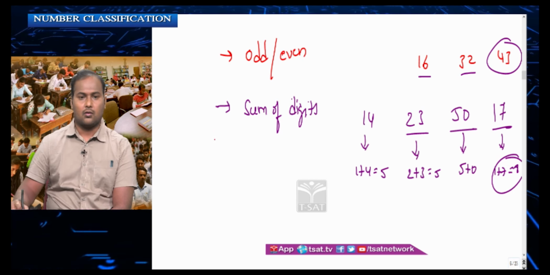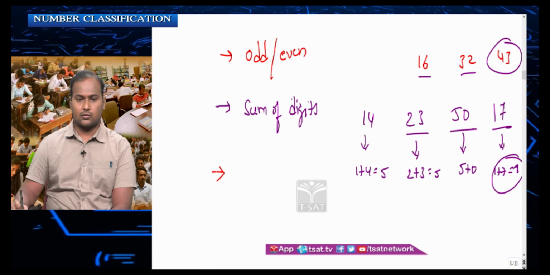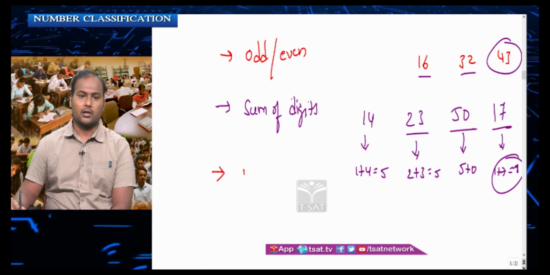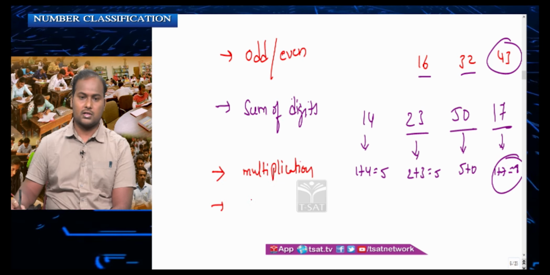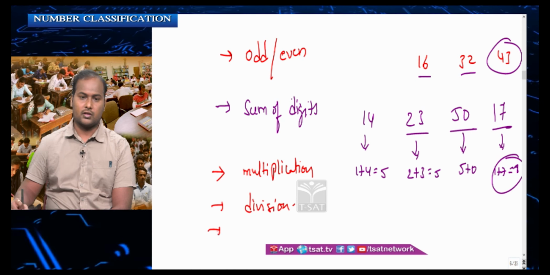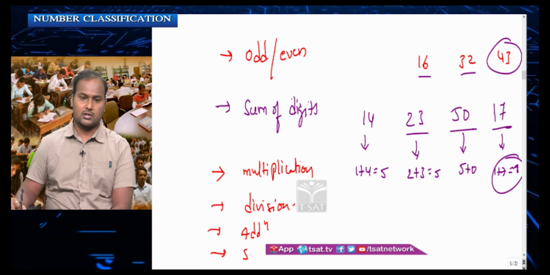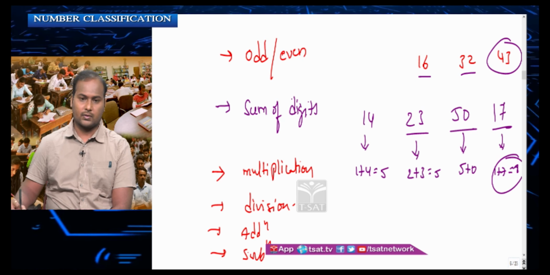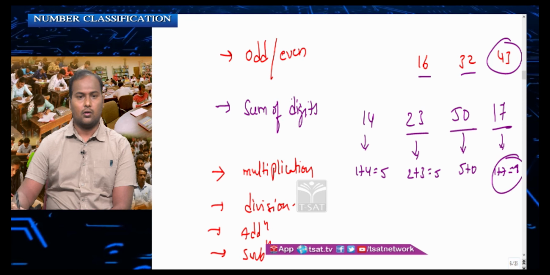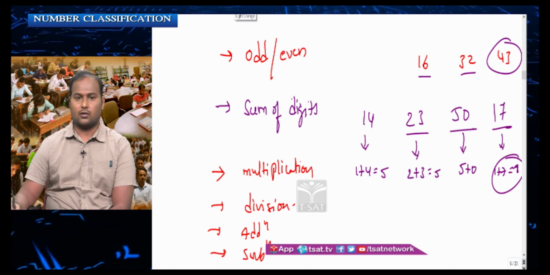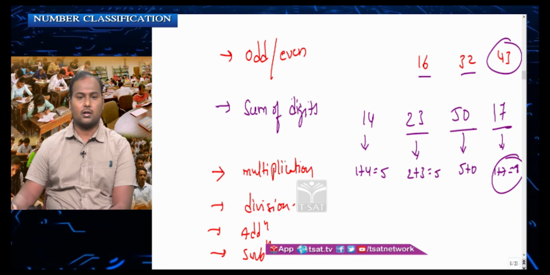Apart from this, what are the different areas he may ask questions from? It may be multiplication. You can see questions from divisions, additions, and subtractions as well. Not only this, to make the question difficult, what will the examiner do? He starts combining all this stuff.